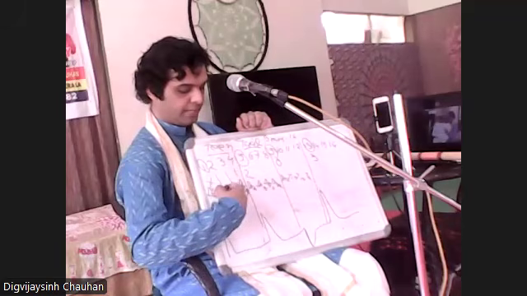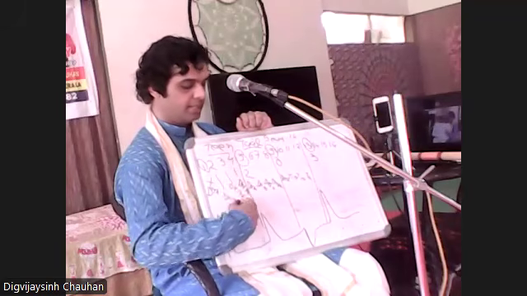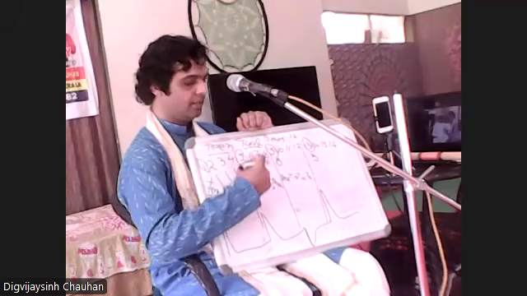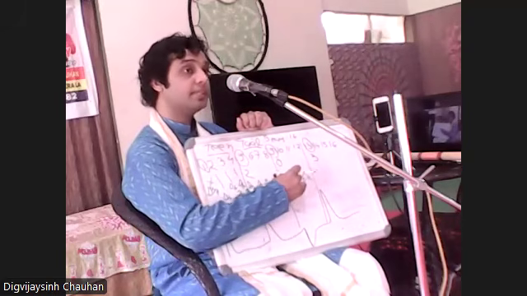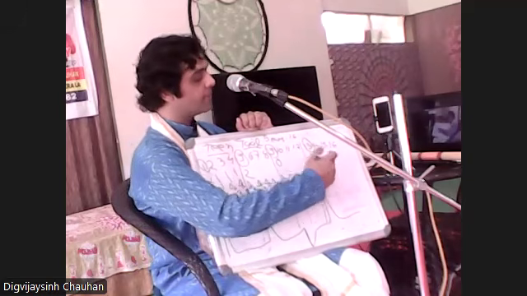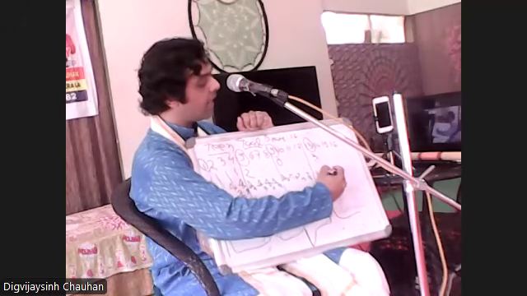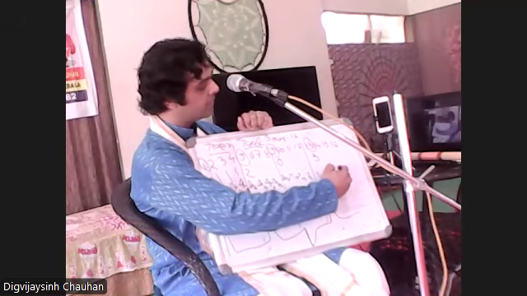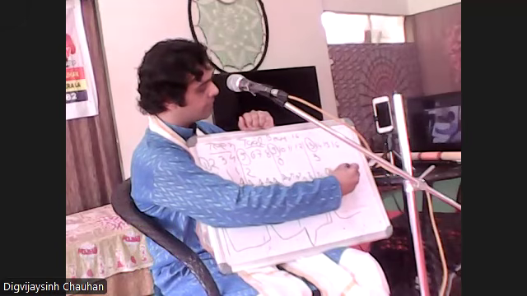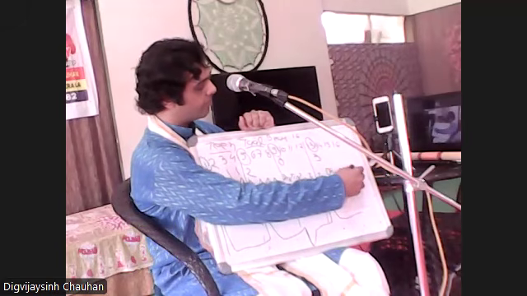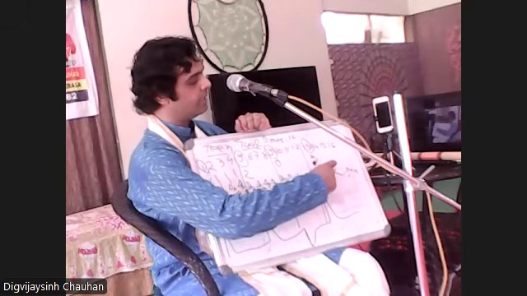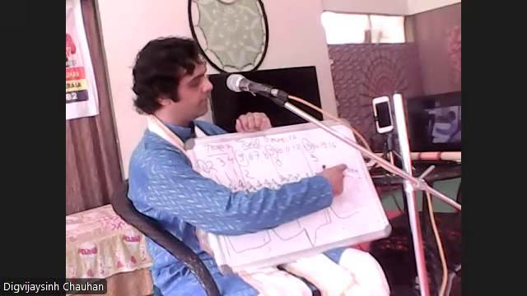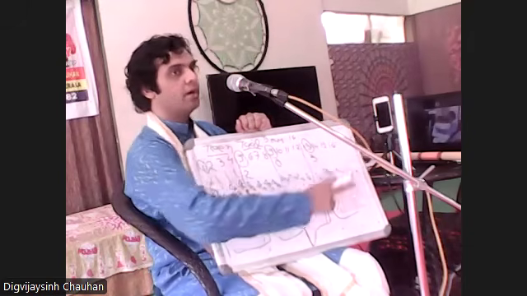So starting with 1, dha, din, din, dha. Dha, din, din, dha. Dha, tin, tin, ta, and ta, din, din, dha. Ta on the 13th, din on the 14th, din on the 15th, dha on the 16th.